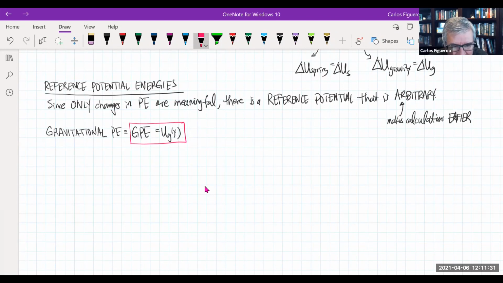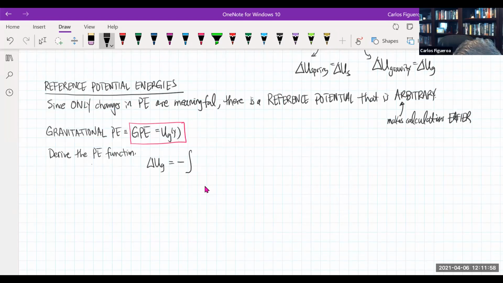The first thing that I want to do here is derive the potential energy function. And when we look at this, we say that we have a potential energy function. Like I write the G, and this guy's going to be negative, and then I'm going to have a height change from y initial to y final of g dy.